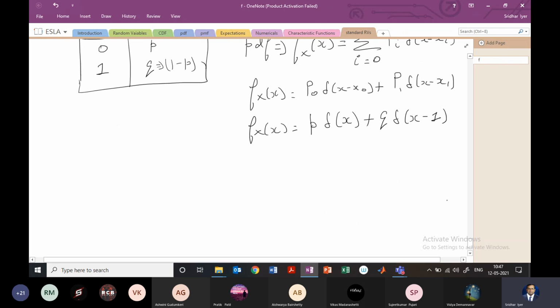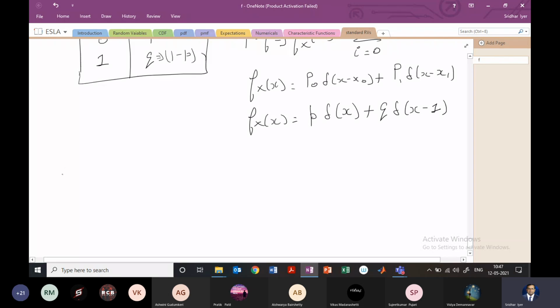So you can write the PDF in that form also. From here you can also find the CDF, which is fx of x, the summation from i equal to 0 to 1 of pi unit step of x minus xi.